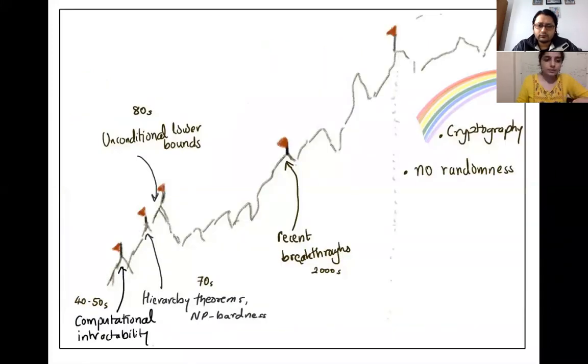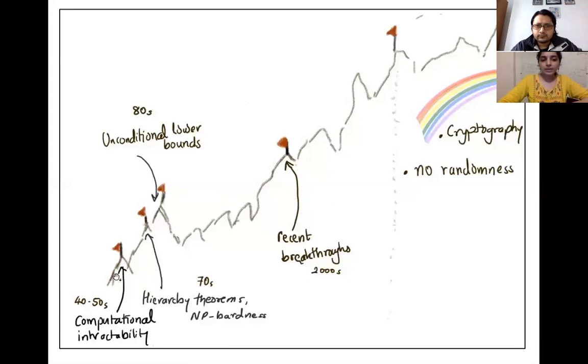You may have seen posters where you climb a hill and get somewhere, and then you see the actual peak is still up ahead. Something similar is the story in the case of lower bounds or impossibility results in computer science.